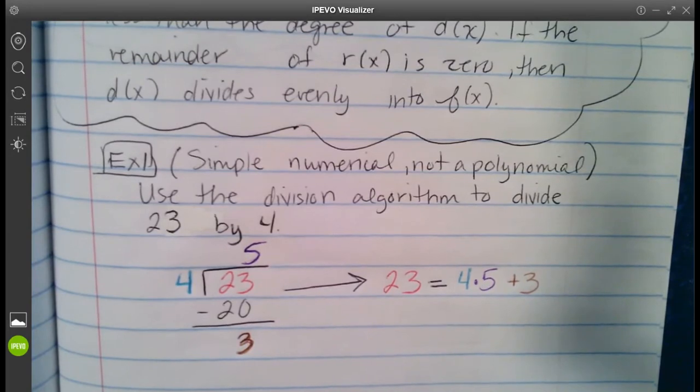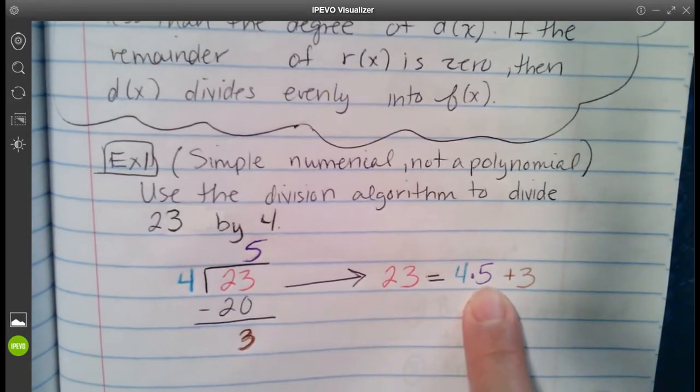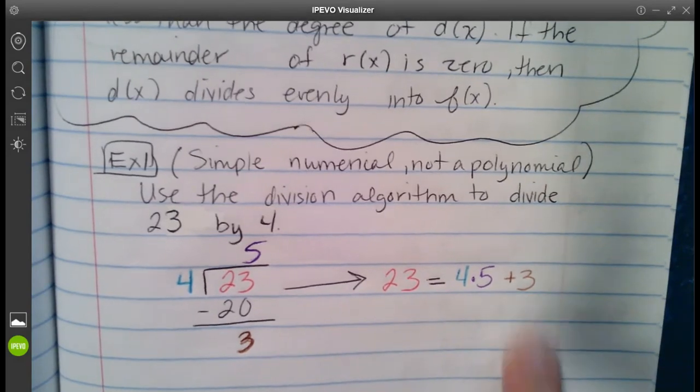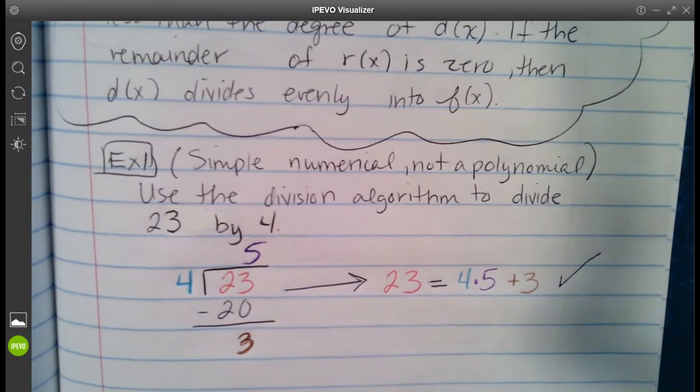What this says is that these two are equal. 4 times 5 is 20, and 20 plus 3 is 23. So this, in fact, checks out. This is what the division algorithm is.